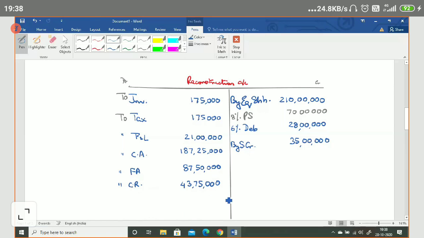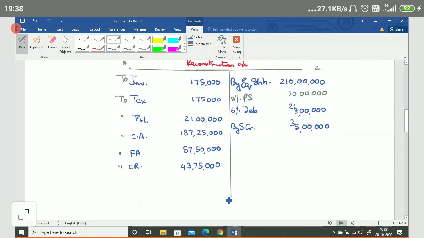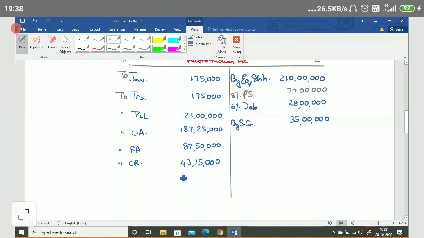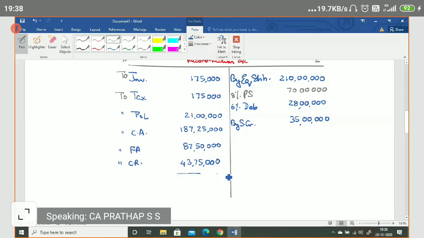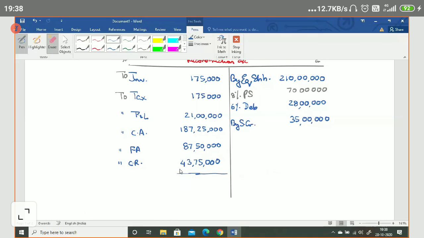What is the total of reconstruction account, please? Lingeshwaran, total of reconstruction account. Okay, 343 lakhs.